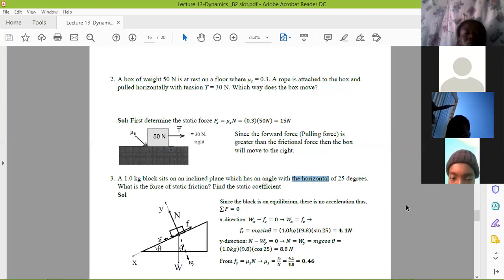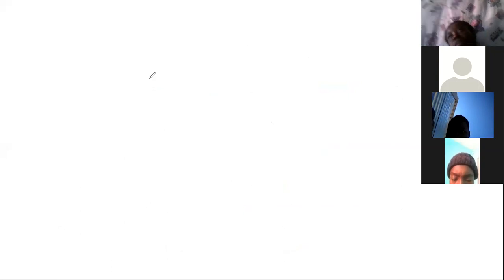Okay, so remember we said that the normal force is always perpendicular to the surface.